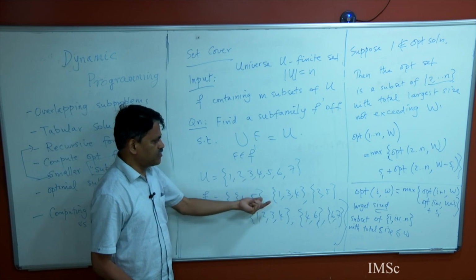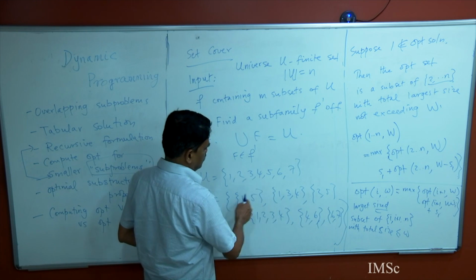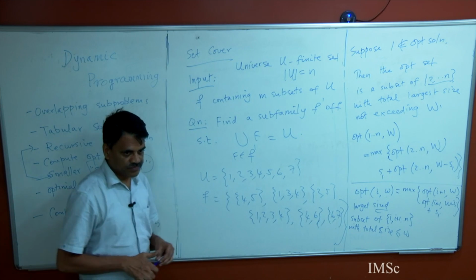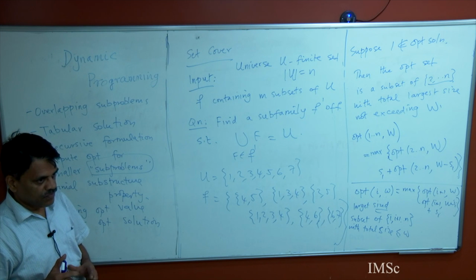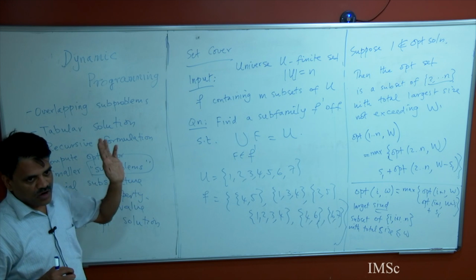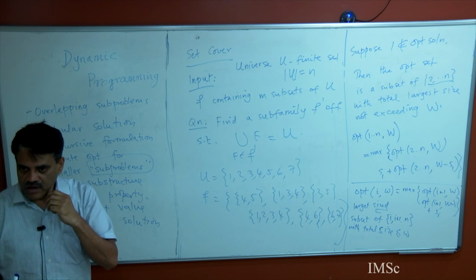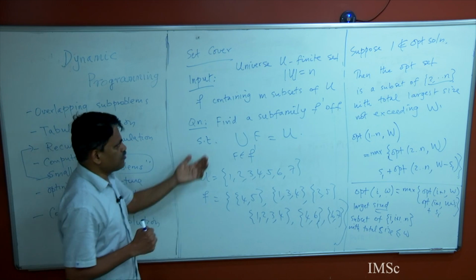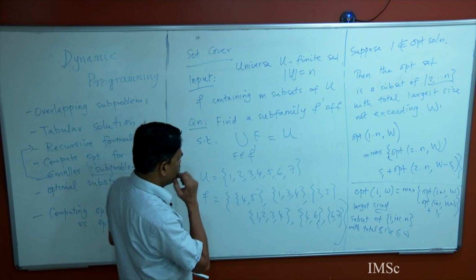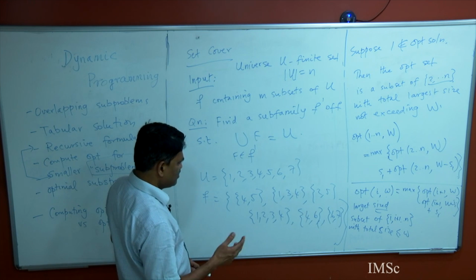I have a family of some subsets, and what I want to find is just some small number of sets from this family whose union covers the universe. This is a very central problem that can model a lot of covering problems. Is the problem clear? I want a family of small size. That means I want a small number of sets from this F whose union covers the entire universe. So in this example, you need 3 sets.